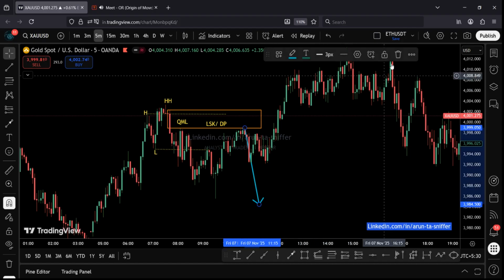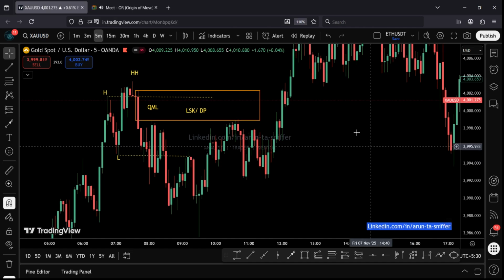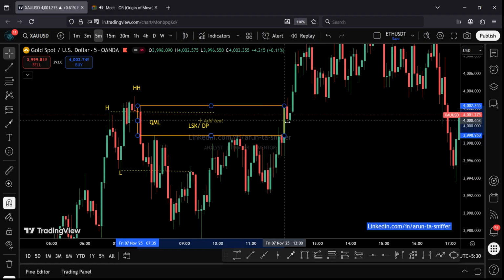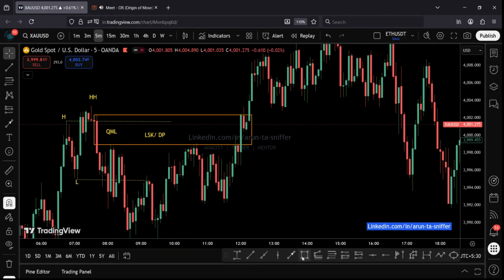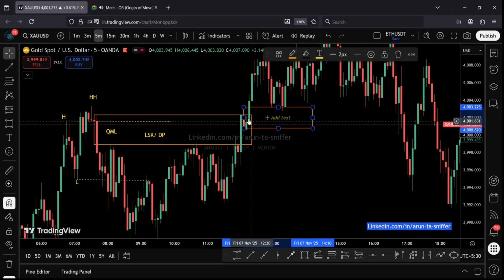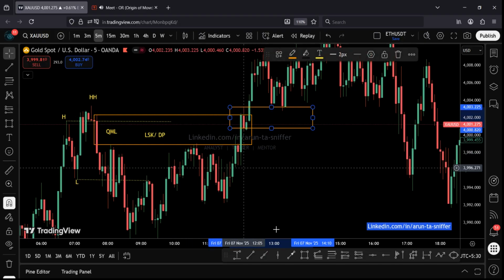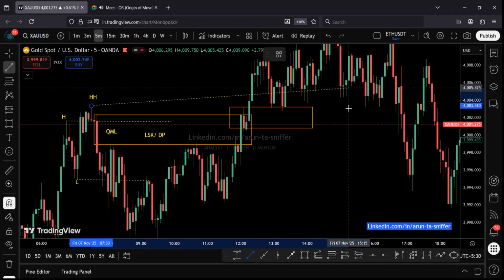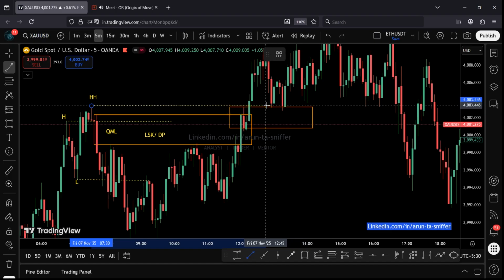So in this case, this QM level has been ignored. If we move forward, we will see this level, this swap. Crossing this, we have this swap and price goes up and crosses this level, right?